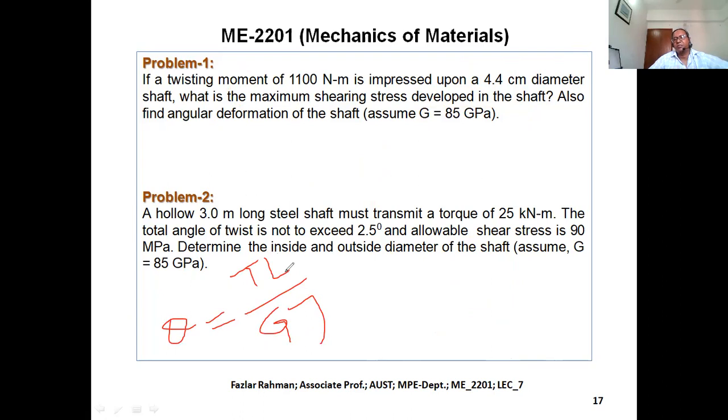For this, with length not given, how do you figure it out? The G value we convert to Pascal, 10 to the 9 Newton per meter square. The diameter divided by 100, then divided by 2 to get R. And J is pi by 32 times D to the power 4. The diameter is given, so you can figure it out easily.